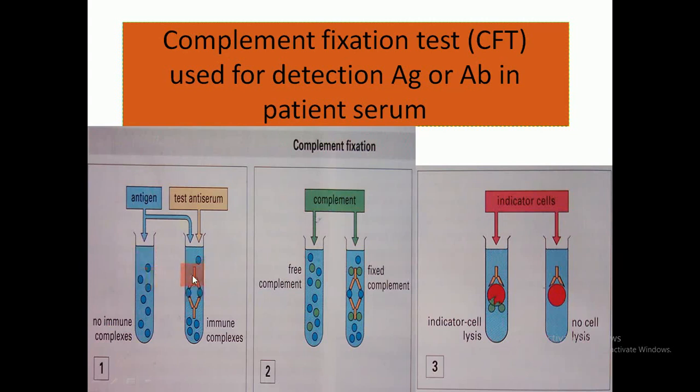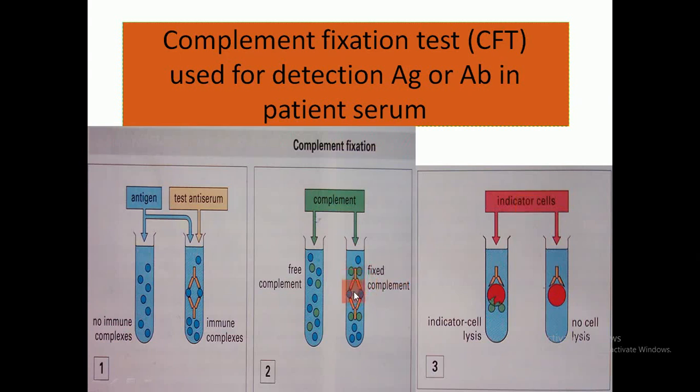The antigen-antibody immune complex, you cannot see this reaction. So we add the complement, and this leads to antigen-antibody complement fixation, while in the other tube the complement will remain free. Then we add the indicator cell, which is called the receptor cell, to see the reaction.